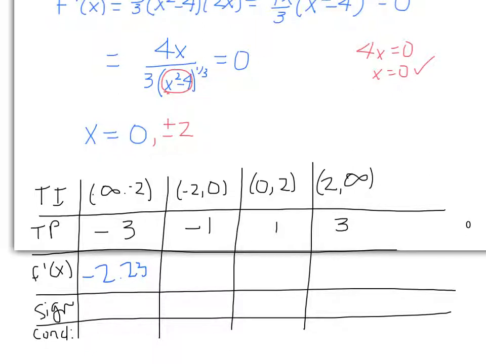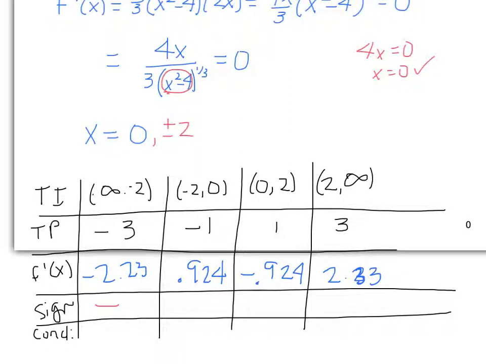When I evaluate at a negative 1, I end up with 0.924. When I plug in a positive 1, I get a negative 0.924. And if I plug in a positive 3, I get 2.33. So now what that tells me is I have a sign change.